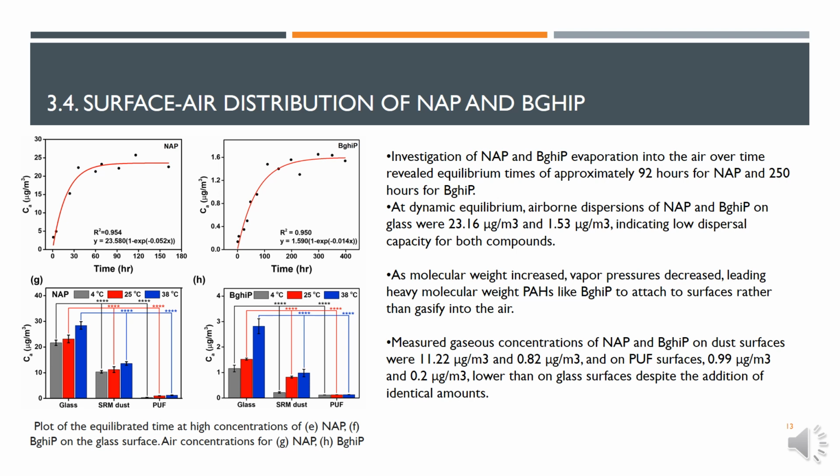Following equilibrium, the airborne concentrations of naphthalene and benzopyrene on the glass surface were measured at 23.16 micrograms per cubic meter and 1.53 micrograms per cubic meter, underscoring benzopyrene's limited capacity for airborne dispersion, consistent with FTIR and confocal fluorescence measurements.